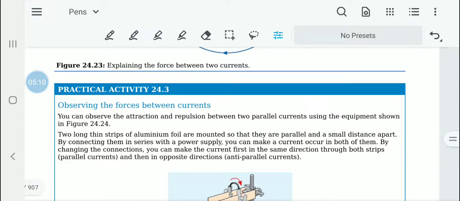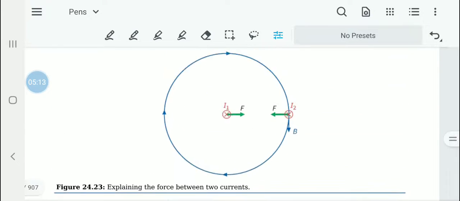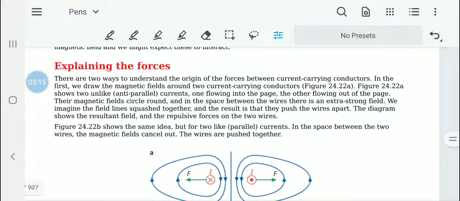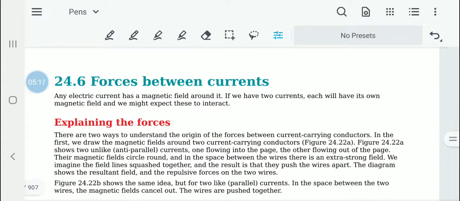Now we are going to move into practical activity 24.3, but before that let's write down a note on this. Forces between currents.